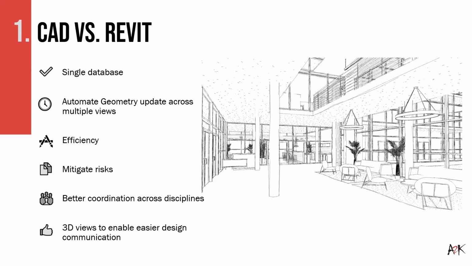That also enables better coordination if you need to work with an architect who is already providing you RVT files. You can also quickly create 3D views like the one on the screen, which is pretty much just geometry and line work.